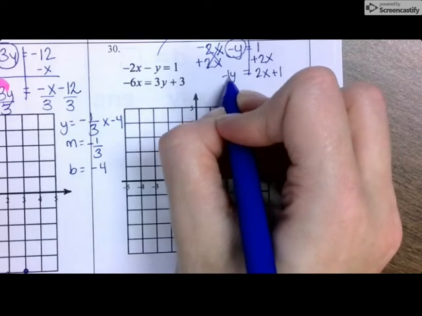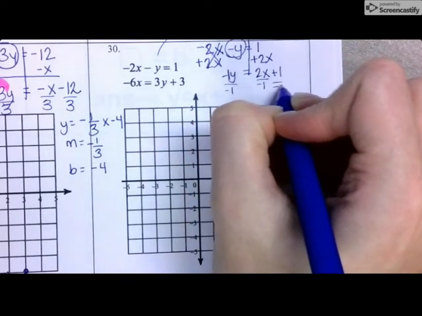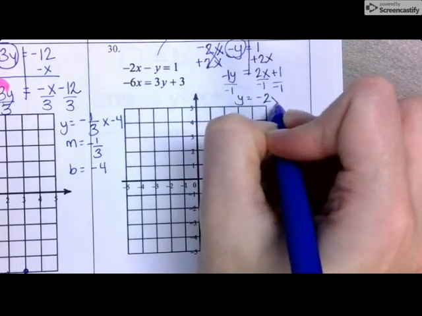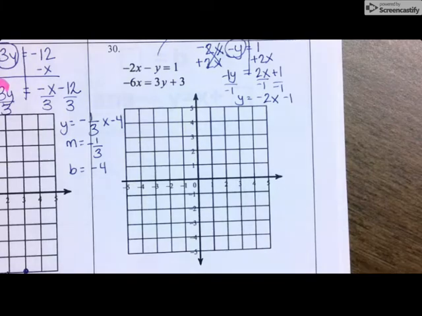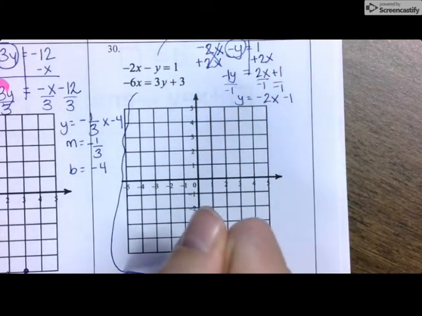There is an invisible 1 in between the negative and the y, so I'm going to divide every term by negative 1, leaving me with a positive y, a negative 2x, and a negative 1.